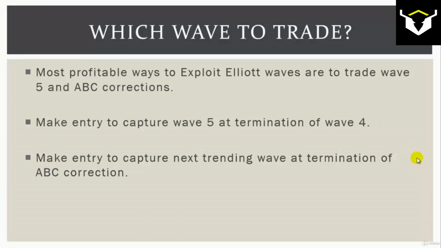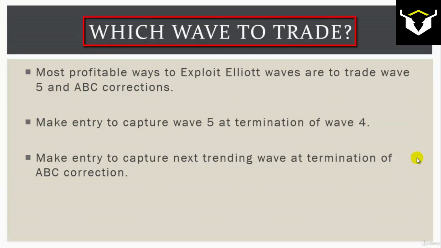So now that we have learned, every time a wave structure has come to an end, you will find oscillators hanging in the overbought or oversold zone, also supporting the view that the wave structure might have come to an end. That brings us to our next and most important question.